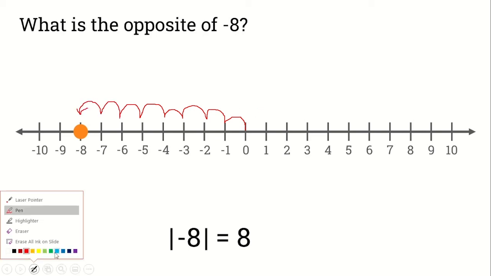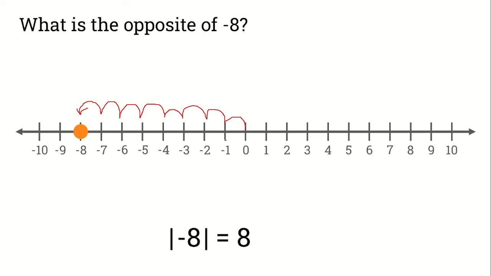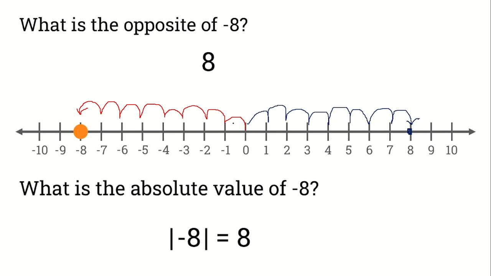That means we have to figure out a number which is a distance of 8 but going to the right. 1, 2, 3, 4, 5, 6, 7, 8. So the opposite of negative 8 is 8. Now, it's already seen on the screen, but the absolute value of negative 8 is 8 because from 0 to negative 8, it is 8 units away.